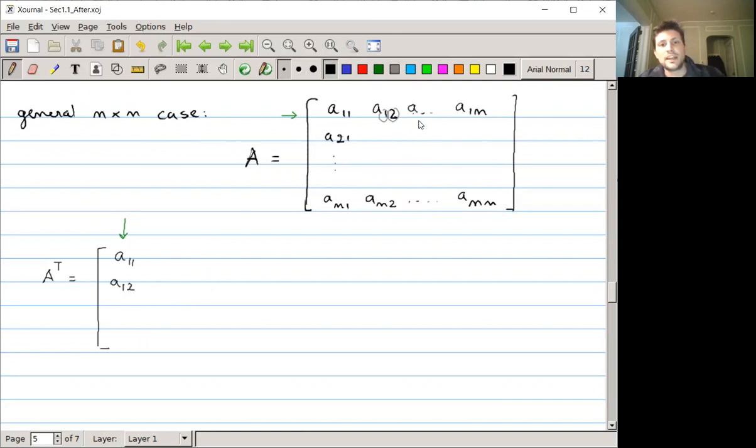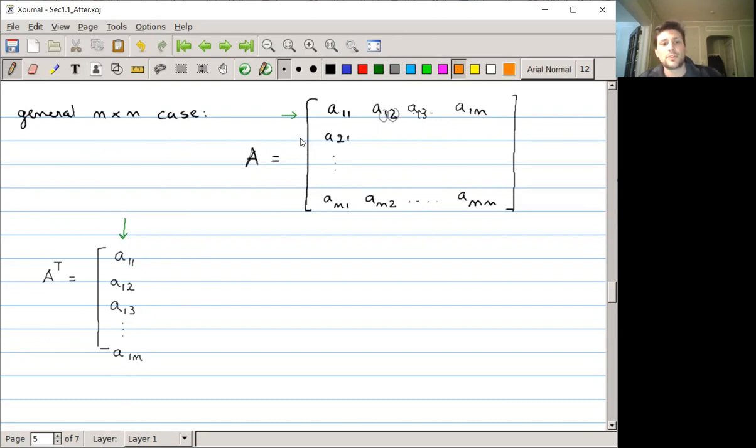The entry that in the general matrix sits in the first row and third column, in its transpose will sit in the third row and first column. And then we can go all the way down to A1n.